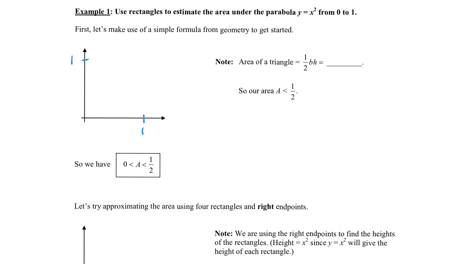So y equals x squared goes something like this. We want to find the area underneath this curve between 0 and 1. So we are looking for this area right here.